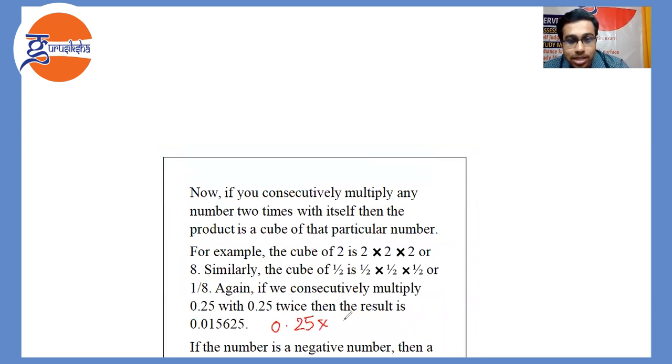Once it will be like this, 0.25, one more time, 0.25. This product is actually the cube of 0.25. So I hope now it is clear how to calculate the cube of any particular number.